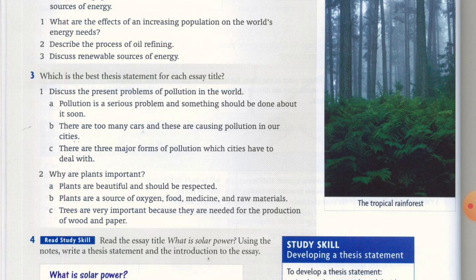There are three major forms of pollution which cities have to deal with. Second one, why are plants important? B1. Plants are a source of oxygen, food, medicine, and raw materials.